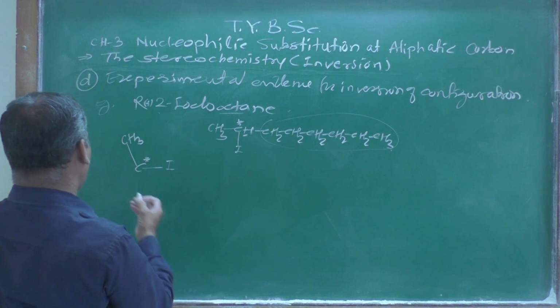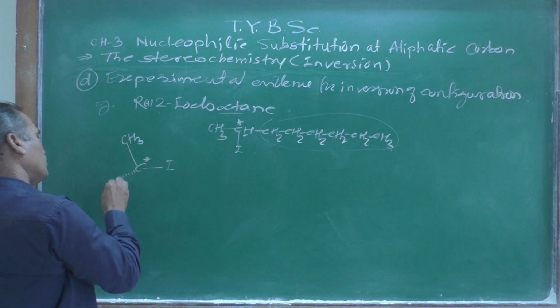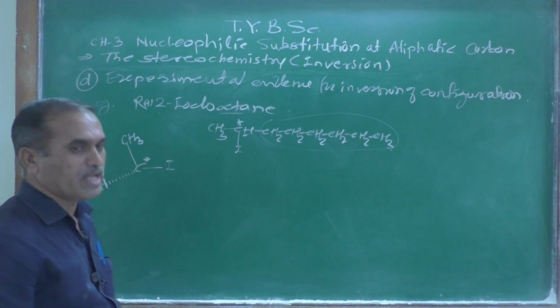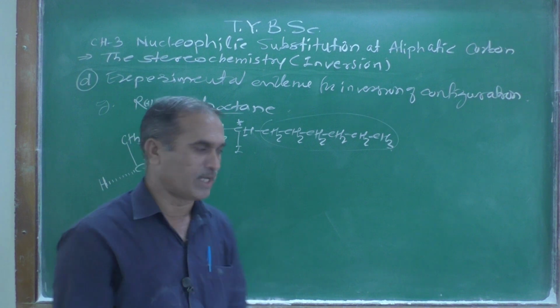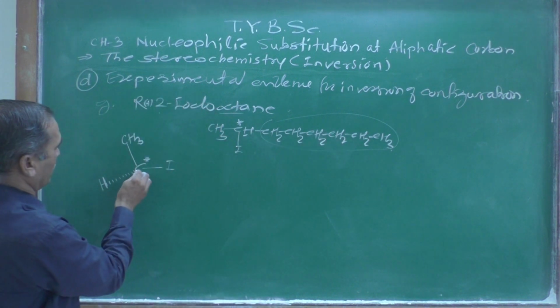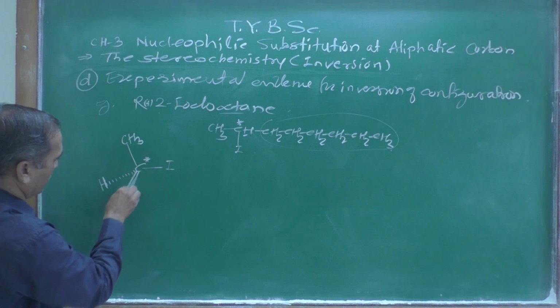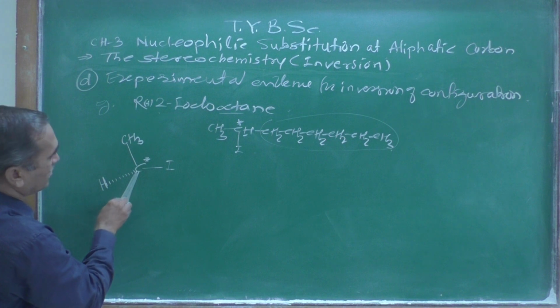The hydrogen atom we show below the plane with a dotted line. This big group is coming towards us and is shown by a thick line.